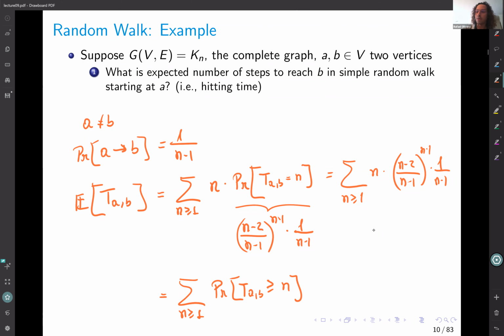This sum here is exactly the sum of the probabilities of T_AB being equal to k for k greater or equal to n. So if you do this double sum, you get exactly the same sum as above. Does that make sense?